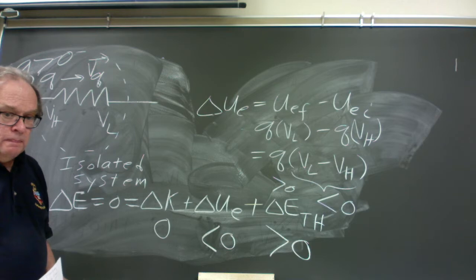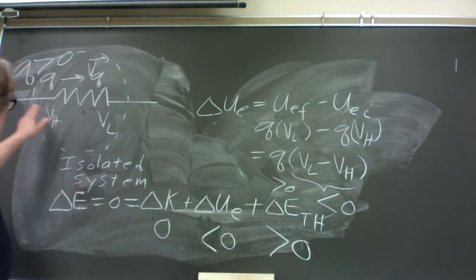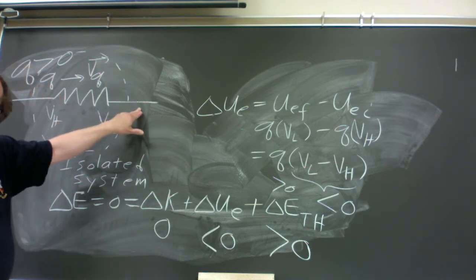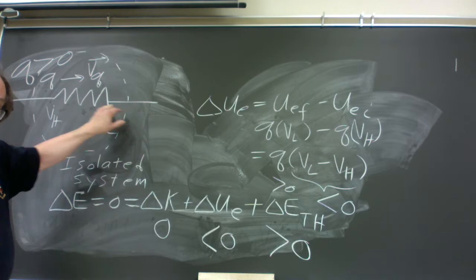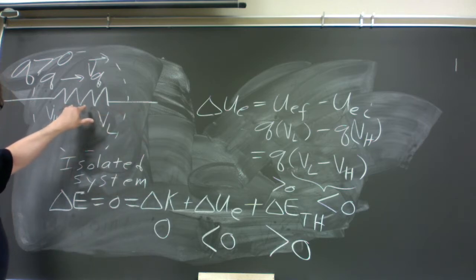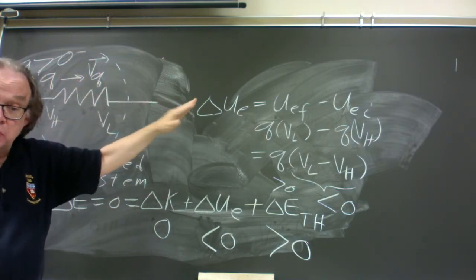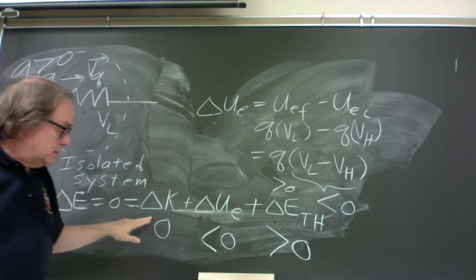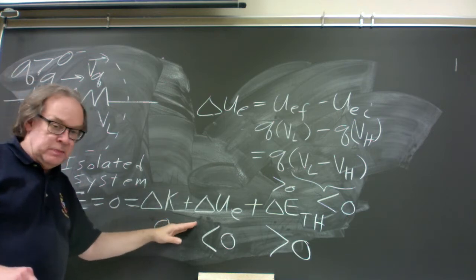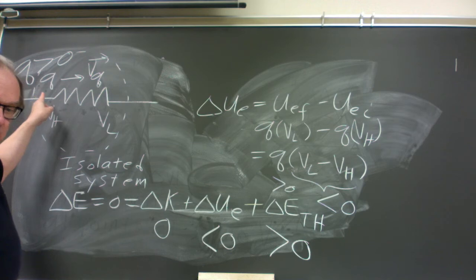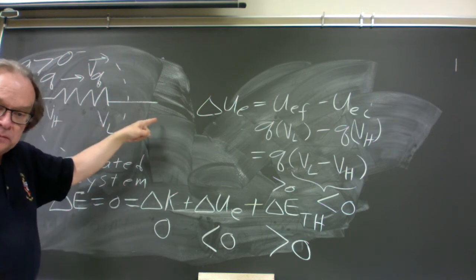Or in general, what we can say is that whenever current passes through any circuit element that has some kind of resistance, some energy is left behind as the current passes through. Kinetic energy is not lost, but potential energy is lost every time one of these charged particles moves from a higher to a lower potential.